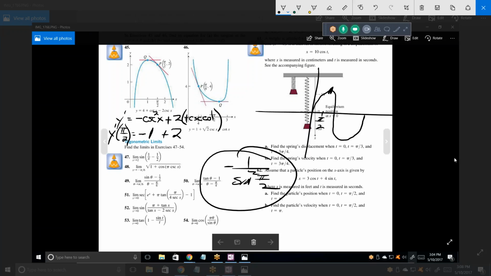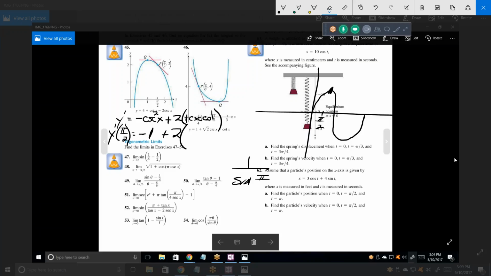plus 2 times what is the cosecant of pi over 2? Would it be negative 1? No, positive 1. In other words, the cosecant is just 1 over sine.